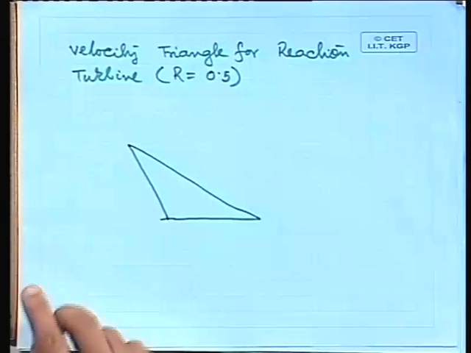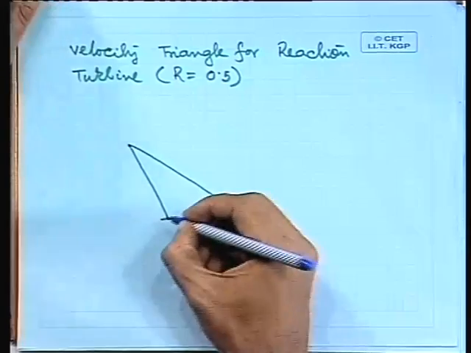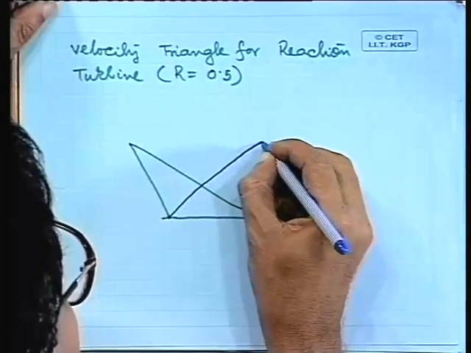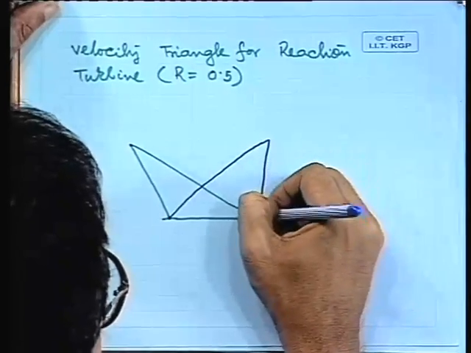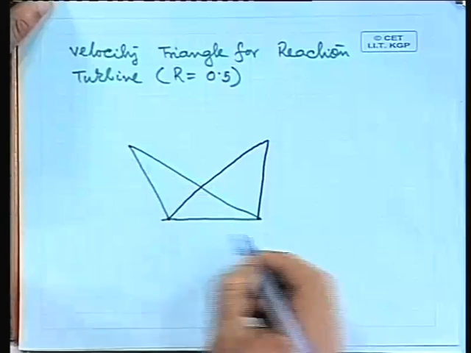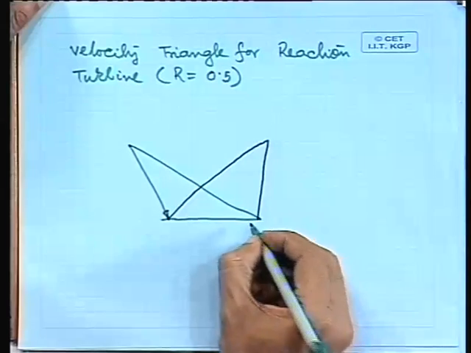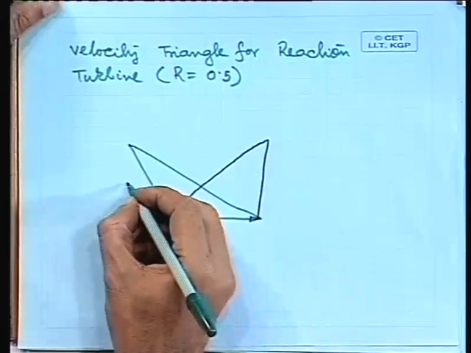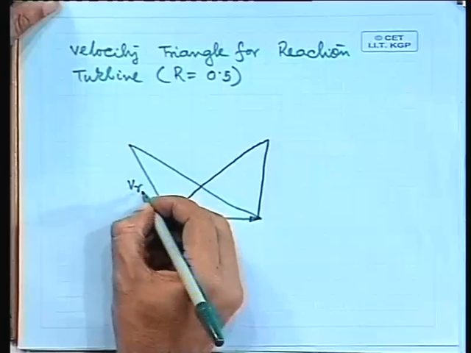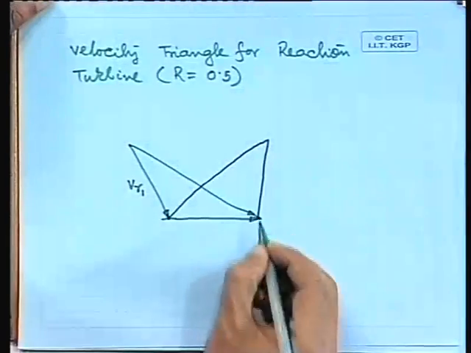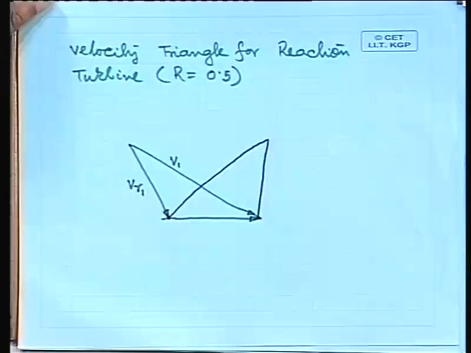Let us use another color, something like this. So, we can show the different directions of different velocities. This is, we know from our earlier knowledge, VR1, that is the relative velocity at the inlet of the blade. Then this is V1, the absolute velocity at the inlet of the blade.